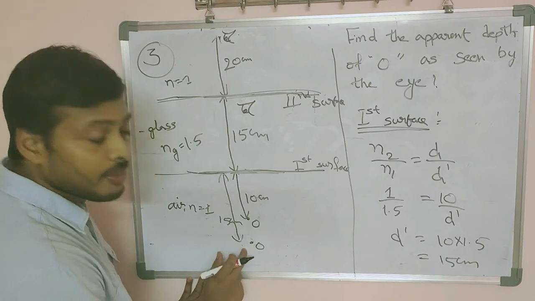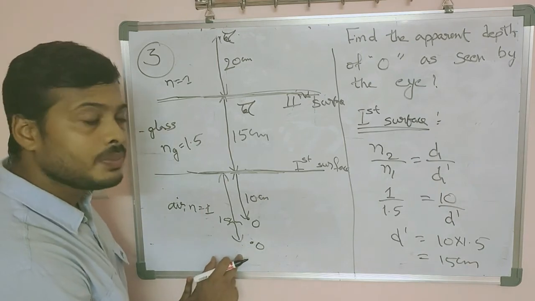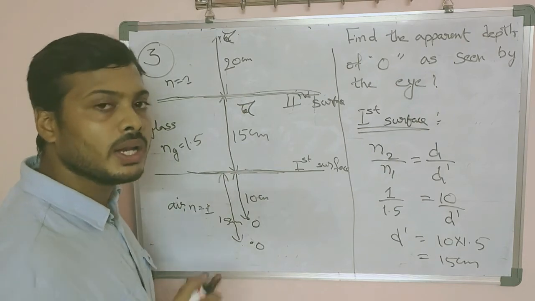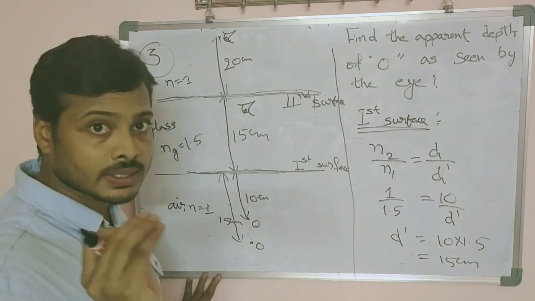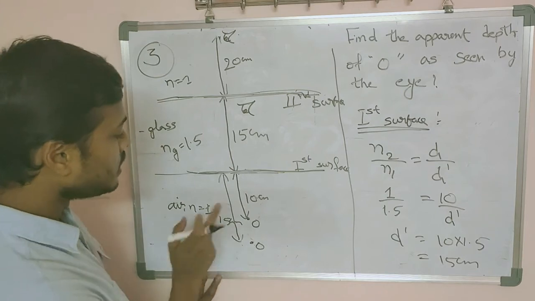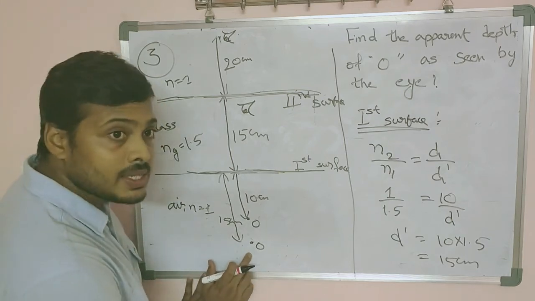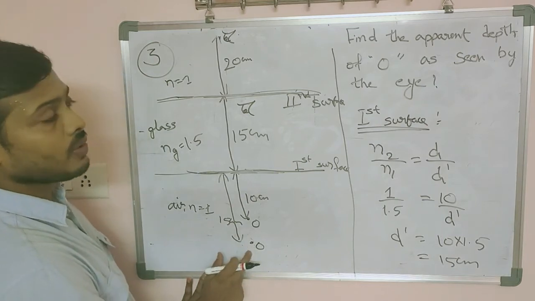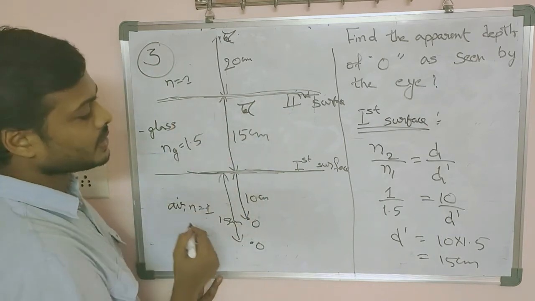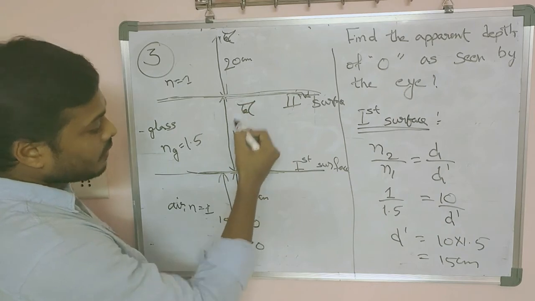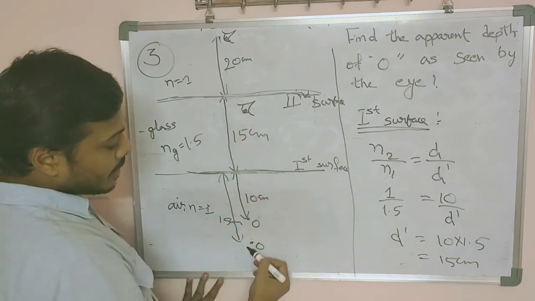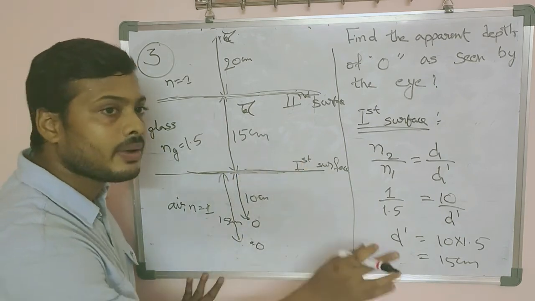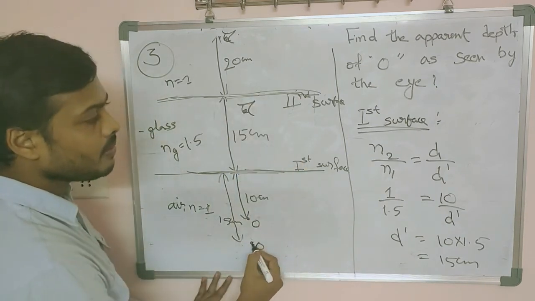So this image acts as a virtual object for the second refraction. This is what we have already learned while discussing combination of mirrors. This acts as a virtual object for this surface, because for this surface the rays are coming from this object, because already one refraction has happened. So the rays are coming from this image, okay?